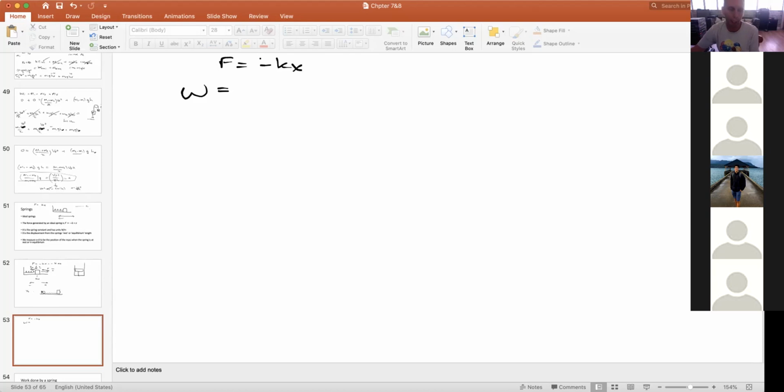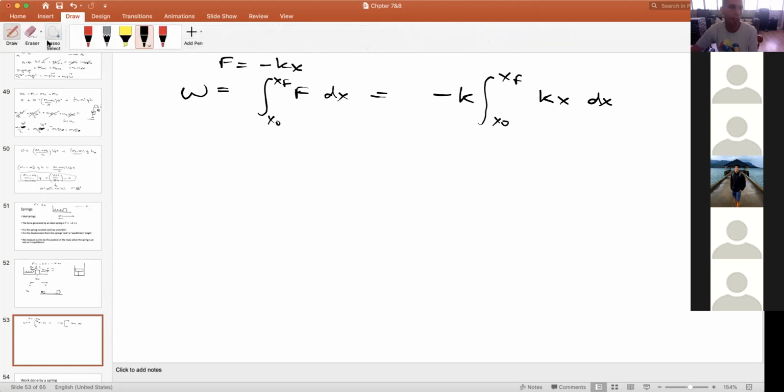You should be able to do this now, assuming that the integral of F dx gives the work from x initial to x final. I write negative integral from x initial to x final of kx dx, right? The negative I just took from here, I pulled out. The k is actually a constant too, so I'm just going to pull that out of the integral.